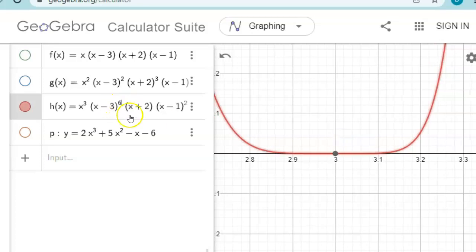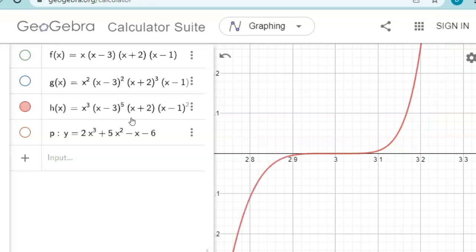And if you change it to, say, a 5, it's going to pass through, but it's going to flatten out and then go through. So let me change that to a 5. We'll take a look at it, and there it is. And so the multiplicity determines kind of how your graph looks right at the x-axis. And so that is multiplicity and how that works.